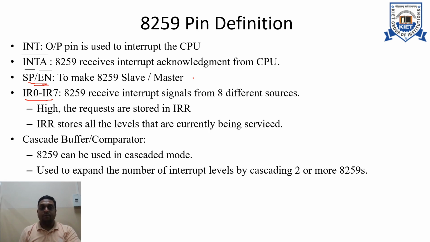IR0 to IR7 mean 8 interrupt request signals, connected with 8 different interrupt sources. Then the cascade buffer lets the 8259 be used in cascaded mode. If you want more interrupt signals, then we can connect multiple 8259s together, and that is known as cascading mode of 8259.